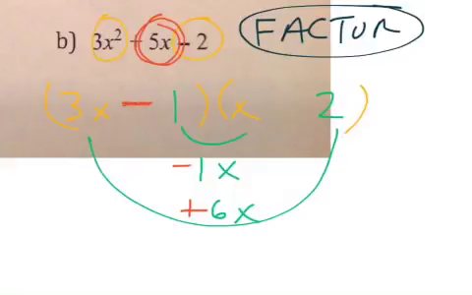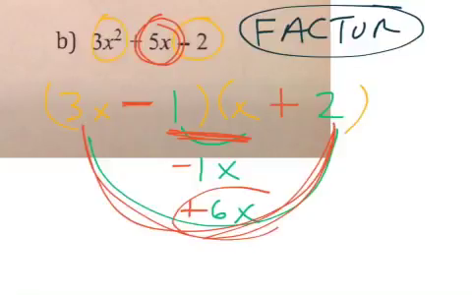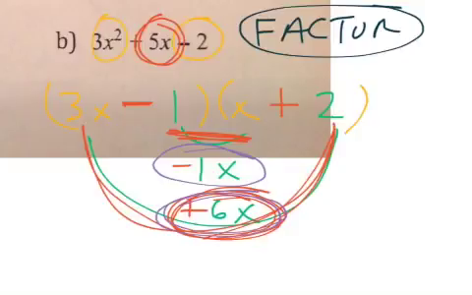So I'm going to put a minus here, so you can see right in here, I'm going to get a minus 1x. And I'm going to put a plus there, because 2, again, times 3 is going to give me that 6x. And again, 6 minus 1 is 5. This 6, let me use purple, this 6 minus 1 is 5, right?